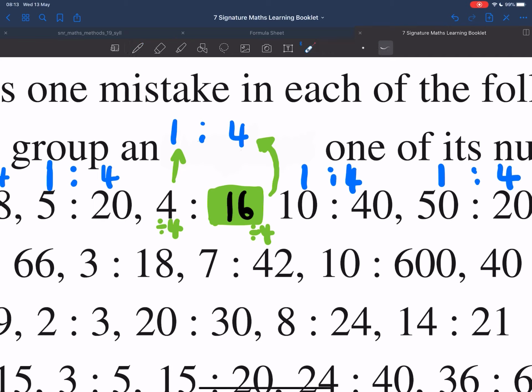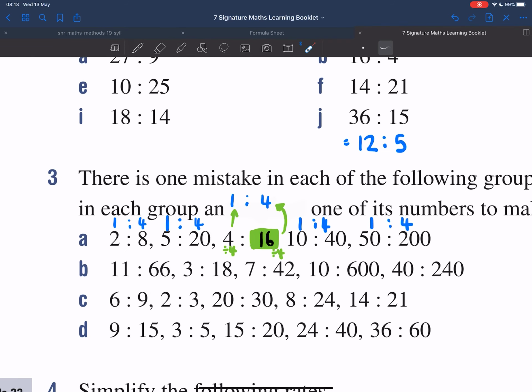And so we changed our ratio to 4 to 16 instead of 4 to 24. And so that's how you do it, okay? So remember, the first step is to simplify all of the ratios. Remember, this was originally 1 to 6, 1 to 4, 1 to 4. Identify the odd ratio out, right? And then change one of the numbers to get the ratio that you're looking for. All right, thanks for watching. Bye.